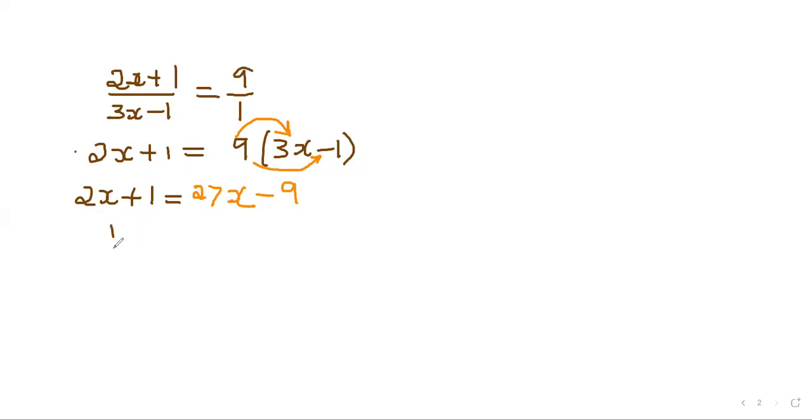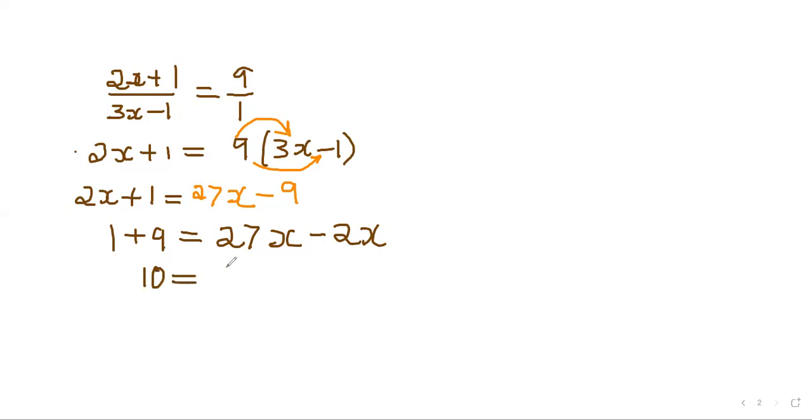Here we have 1, and I take that negative 9 and transpose it to the other side. It changes sign to become positive 9. On my far right I have 27x, I write it as it is. Then I take positive 2x and transpose it to the other side, and it becomes negative 2x. Then 1 plus 9 is going to be 10.